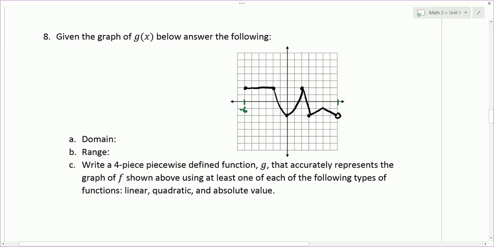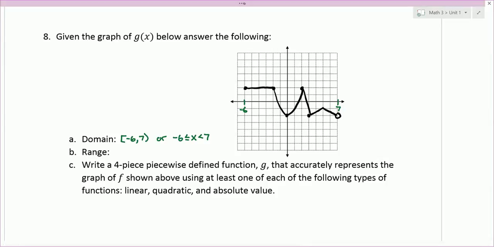And so we include the left endpoint. We do not include the right endpoint. That's interval notation. If we put this in inequality notation, it's -6 less than or equal, we include it, to x, which is less than 7.